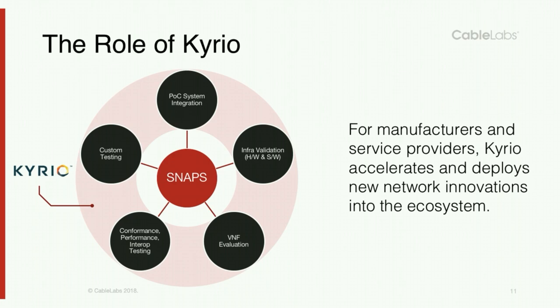A lot of these services are fee-based. It is a for-profit subsidiary of CableLabs. And you see SNAPS in the middle. So all of these activities are adjacent and complementary to SNAPS.